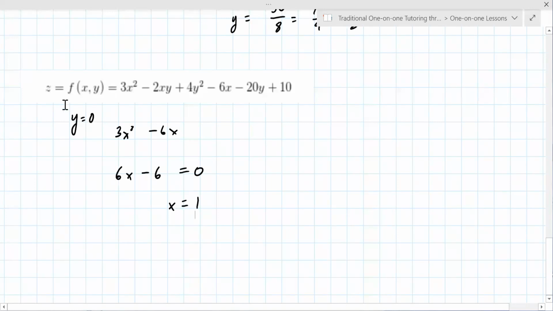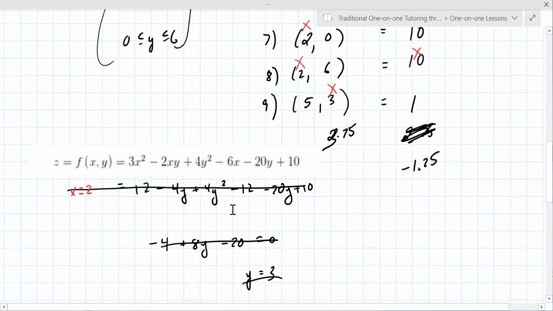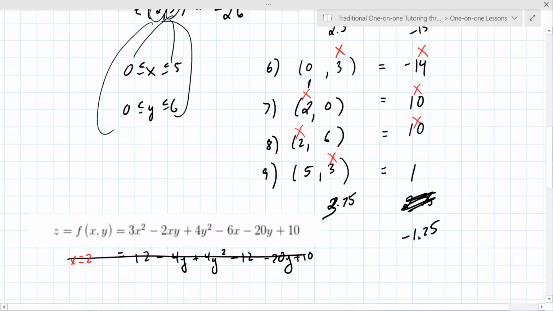So 1, 0 is what we're looking for. And this probably should have been 1 here in number 7. And then this gives you 7 there.